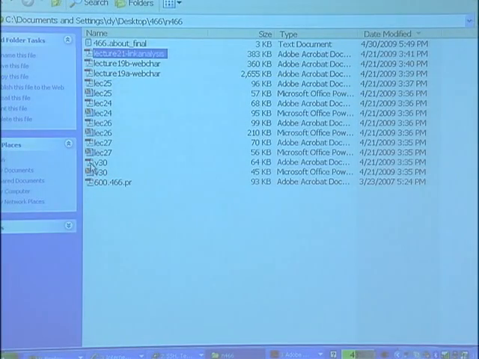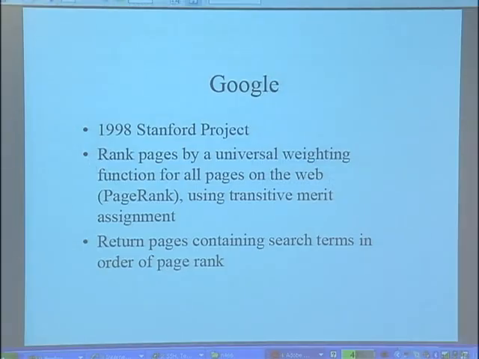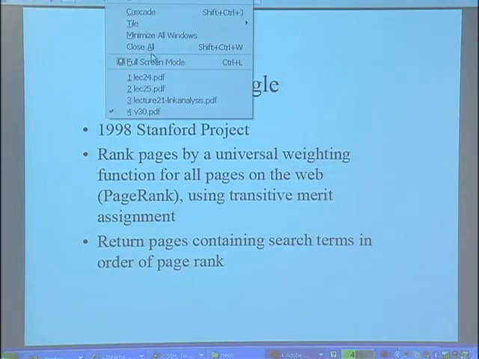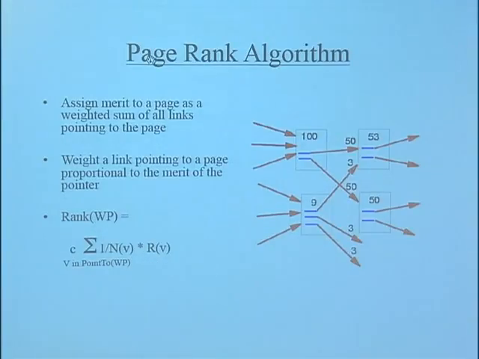So you can think of it as follows. You have these outbound links. If I have initial merit points of, let's say, 100. Again, we'll describe where these merit points would come from.